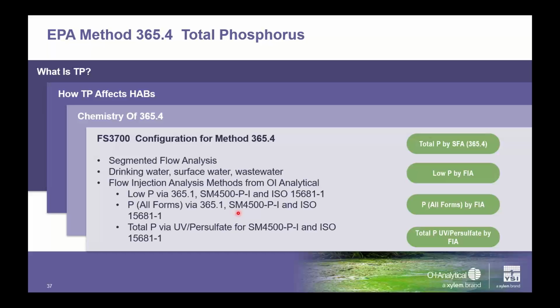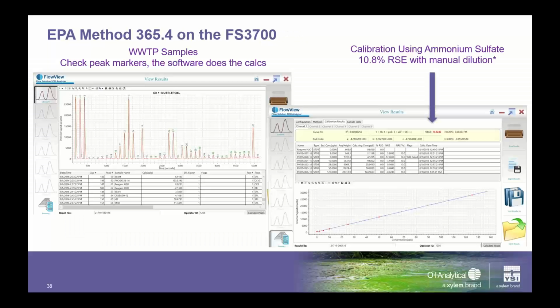There's also a popular UV persulfate method that some people prefer, and all of those are available to you on the FS3700 platform. But why don't we continue to move forward, and I'll show you another real world example of us using the 365.4 method for measuring total phosphorus.